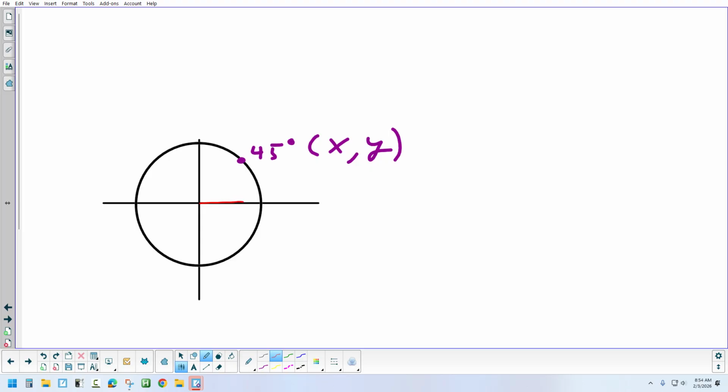I'd say that's about right there. We're going to go this far to the right. Now, if we went all the way to the right, what's the distance? 1. So we're not quite going 1, we're going a little bit less than 1. And then we're going up this amount. Again, we didn't quite go all the way up. If we had gone all the way up, how far up would we have gone? 1. So we're going to the right and we're going up, but it's a little bit less than 1 in each direction.